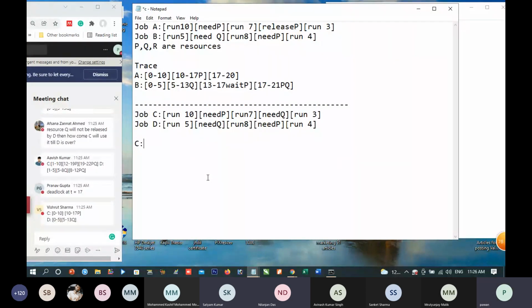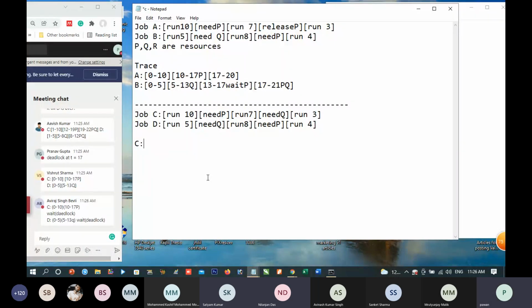That is what I am telling you. Resource Q has not been released by D. Then how can C use it? So it will wait for it. Avinash is wrong. Again, type it. And what will happen from 17 onwards?